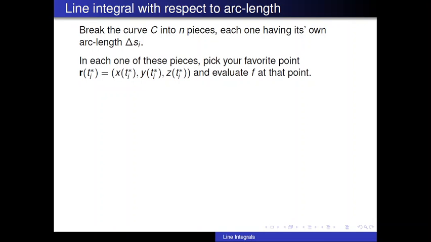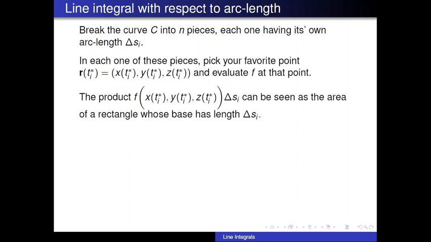So pick your favorite point in each one of these pieces, say r of t_i star. So t_i star would be like your preferred parameter, and you evaluate your curve there so you find whatever point in space is sitting along that curve there. And you'll evaluate f at that point. This will give you this proverbial height of a rectangle. Okay?